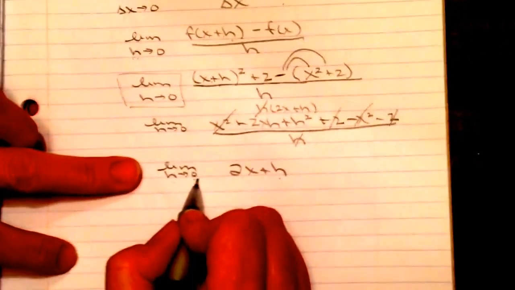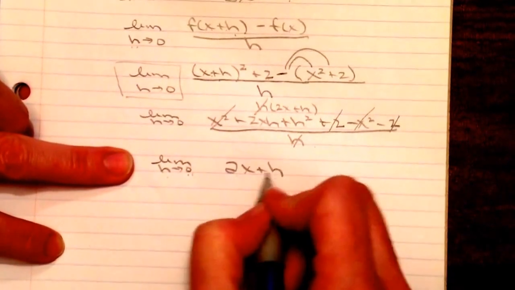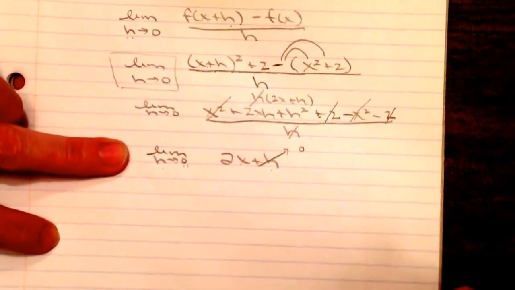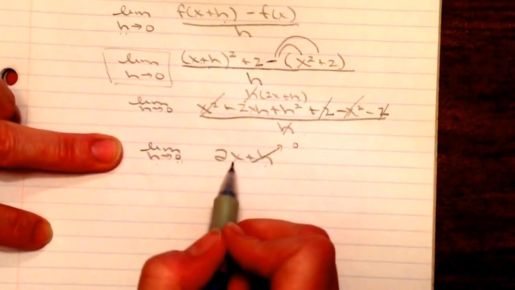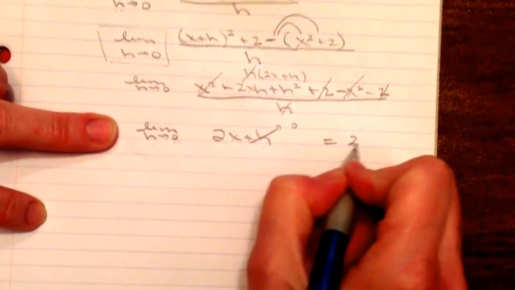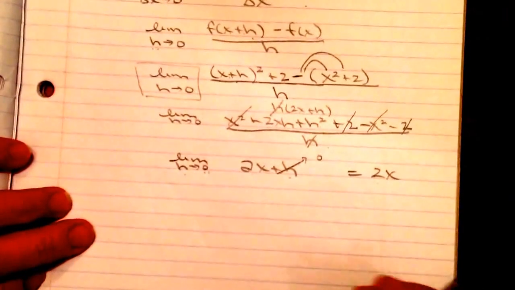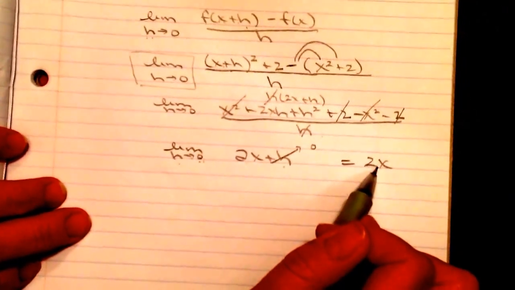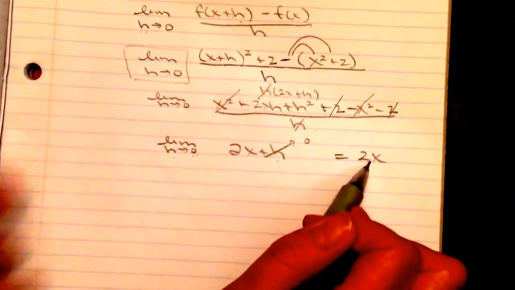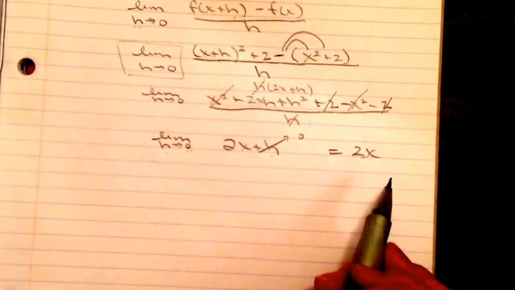The way you take a limit is you try to send the variable to what you're trying to approach and see if you have any problems with it, and in this case I won't, because my answer will just be 2x. So 2x is my derivative. It is the slope of the tangent line for any particular point.